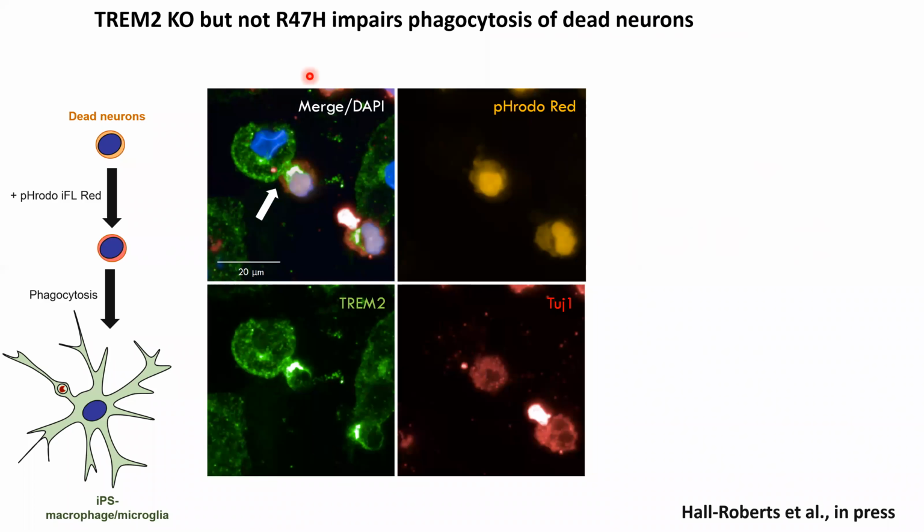So then we started looking at downstream functional readouts. And the most obvious one is to look at phagocytosis in the cells.